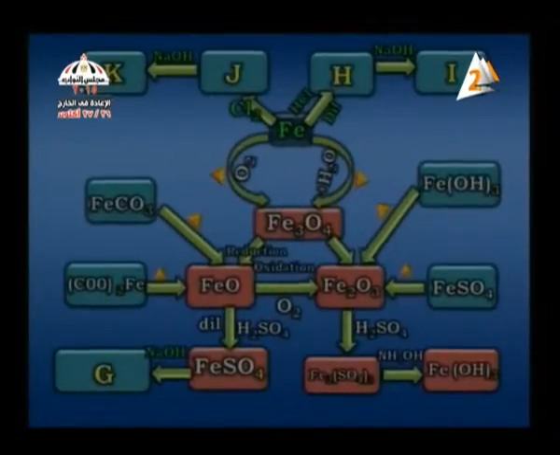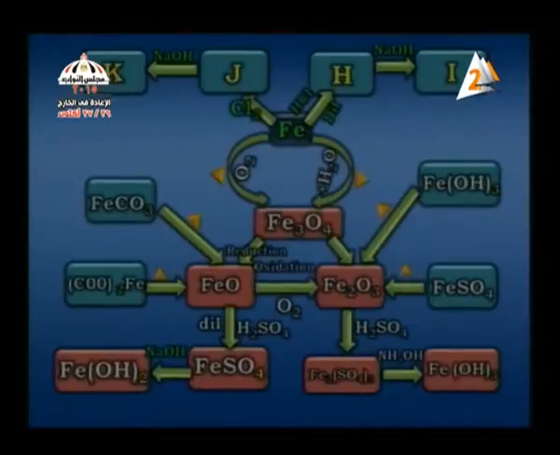Then, on reacting iron 2 sulfate with sodium hydroxide, you will get compound G. Here, if you write the chemical equation illustrating this reaction, you will find that compound G will be iron 2 hydroxide.